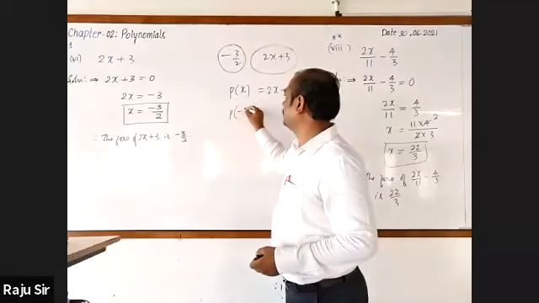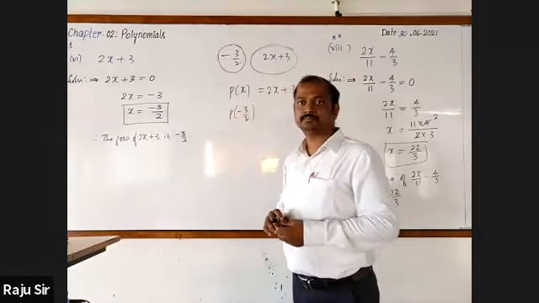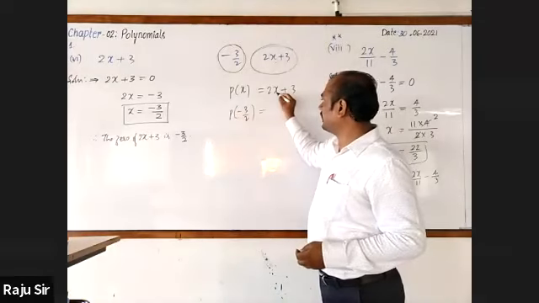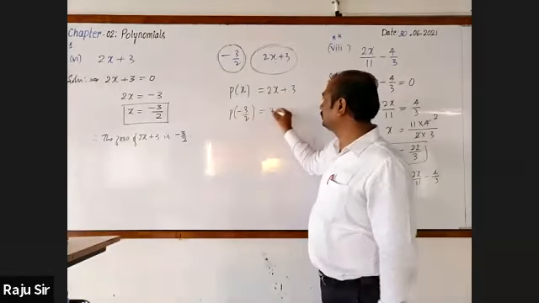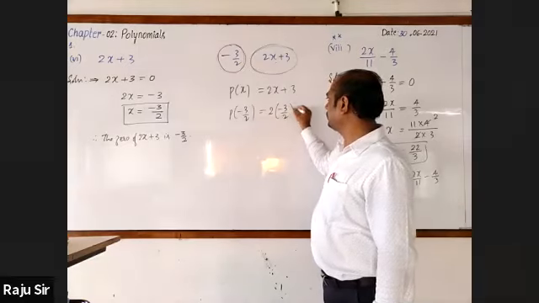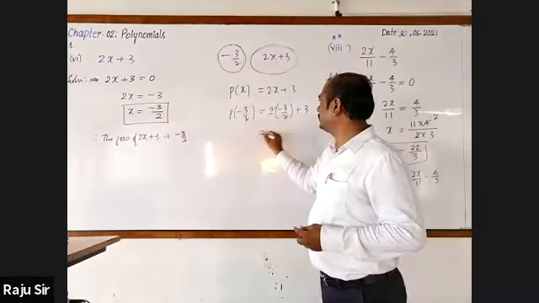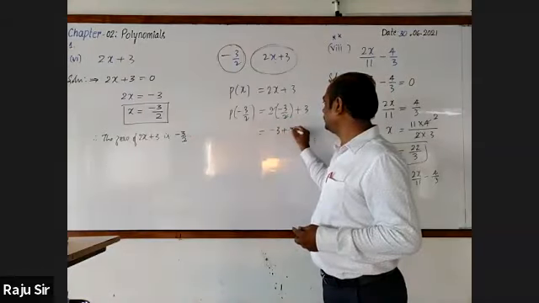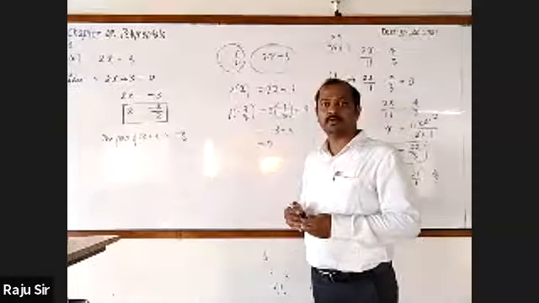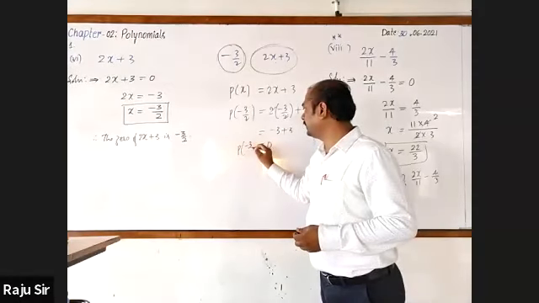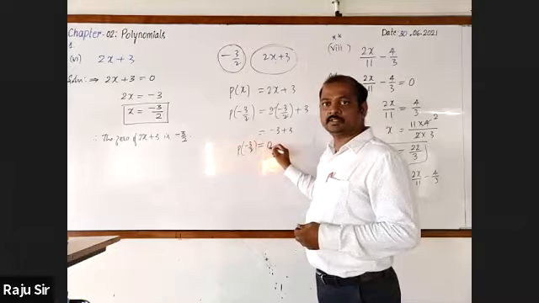So here I'll write P of minus 3 by 2. In place of x, I'll write minus 3 by 2, into minus 3 by 2, then plus 3. Here 2 and 2 get cancelled. This is minus 3 and this is plus 3. Minus 3 plus 3 get cancelled. Zero. Now we got P of minus 3 by 2 is 0.